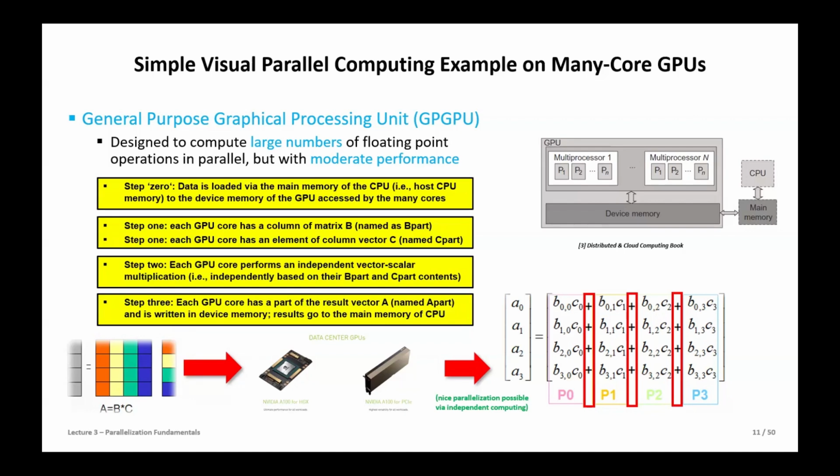What you see here on the pictures should show you the idea of how you process this in the color coding, which is really independent from each other. Everybody has a certain part only to compute, and there needs to be no communication between them. They can fill the resulting vector that you see here, A, by doing B times C according to the color code, and can fill the cells very easily, independently from each other.